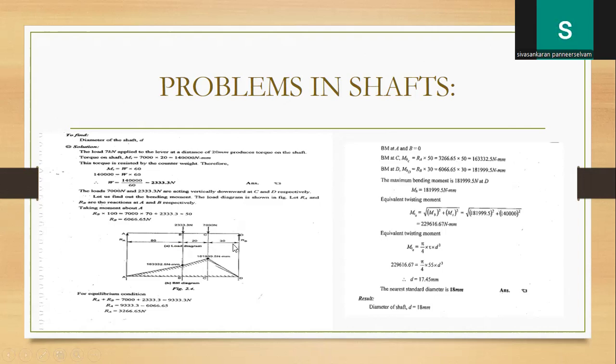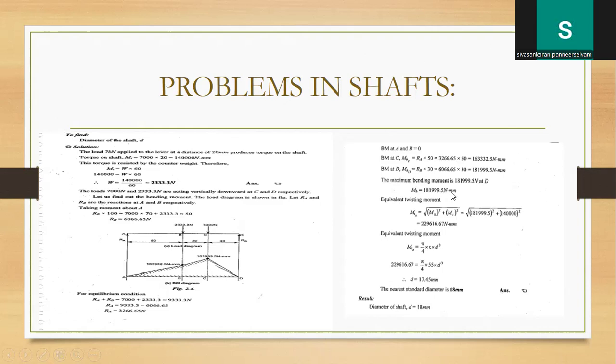The distance is 30 mm. So RB into 30. Calculate the bending moment at C and D. And out of these, which is the maximum bending moment? It is found to be at point D. Now write that as the final value, the maximum bending moment.